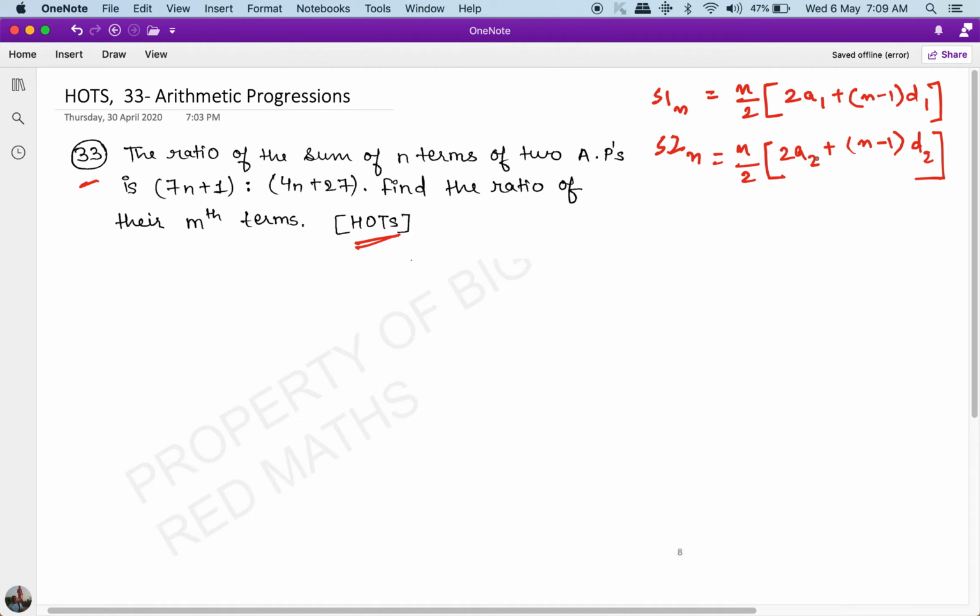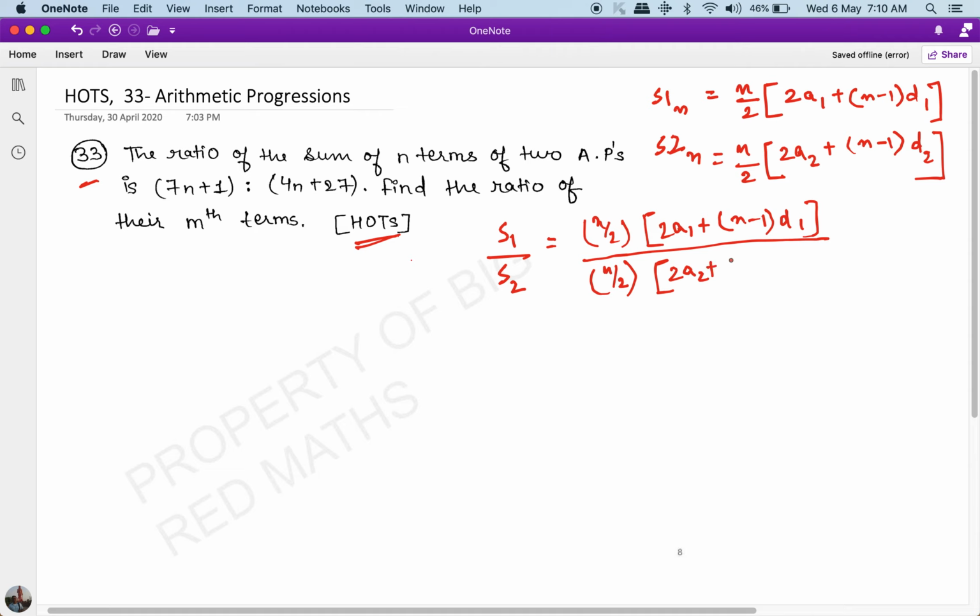Now if I do S1 divided by S2, what do I get? I get n by 2, in a bracket, divided by n by 2, and this will be 2a1 plus n minus 1 into d1, over 2a2 plus n minus 1 into d2.